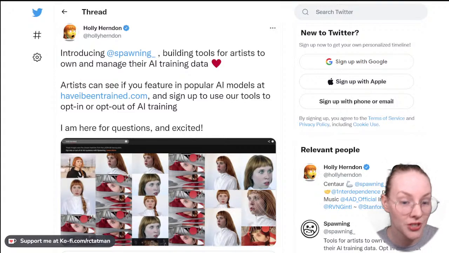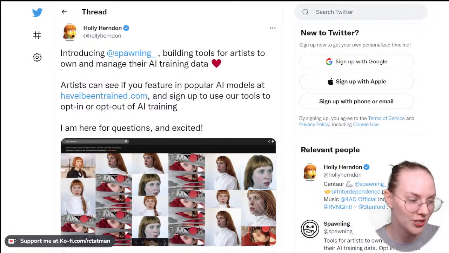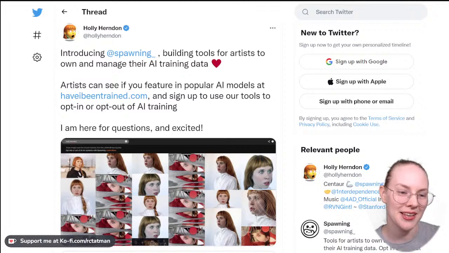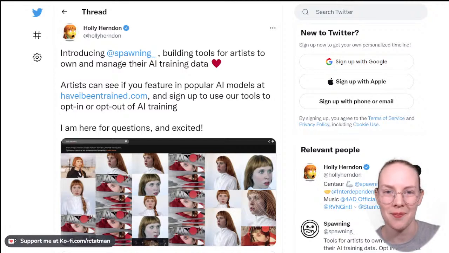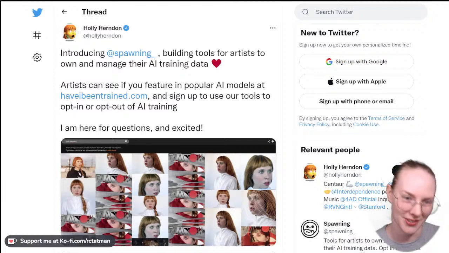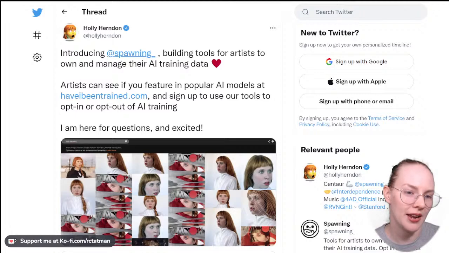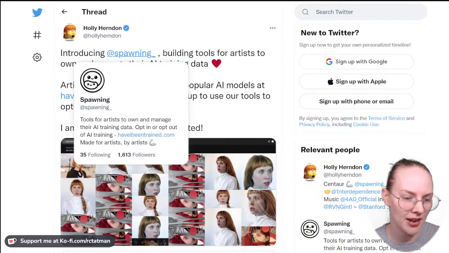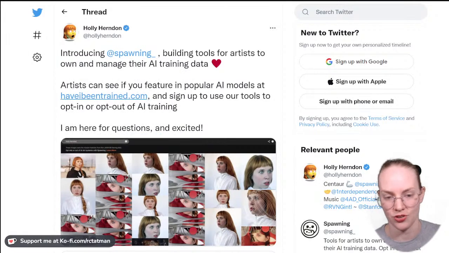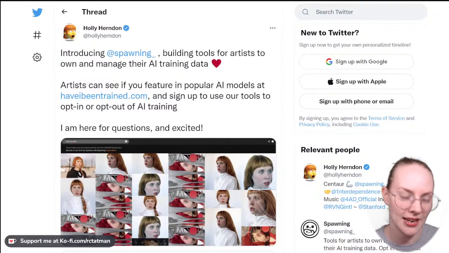All right, so first of all, I thought this was really cool. We've talked today and also last week about, particularly with Stable Diffusion, trying to get $1 billion and the labor of the artists upon whom they built their product without their consent or knowledge. Spawning is a company with tools for artists to own and manage their AI training data, opt in or out of AI training data. And we talked about the Have I Been Trained website yesterday.